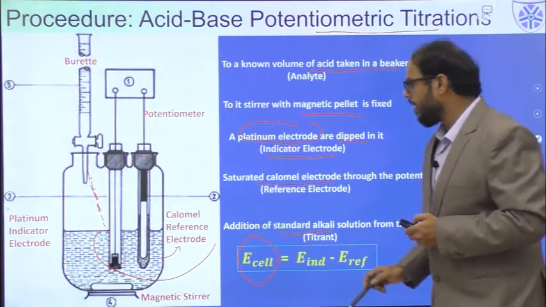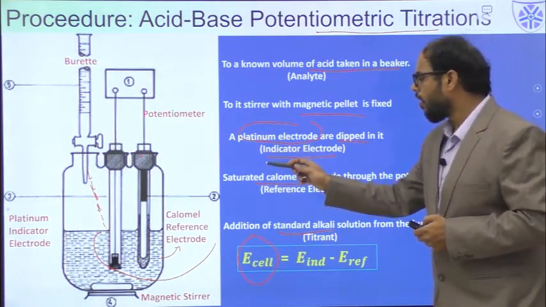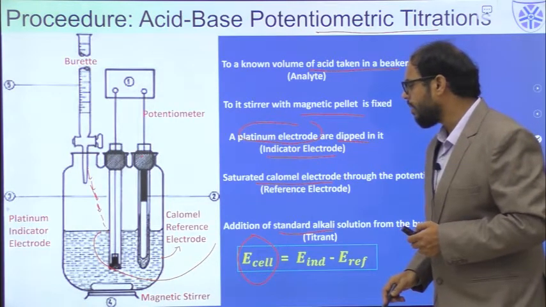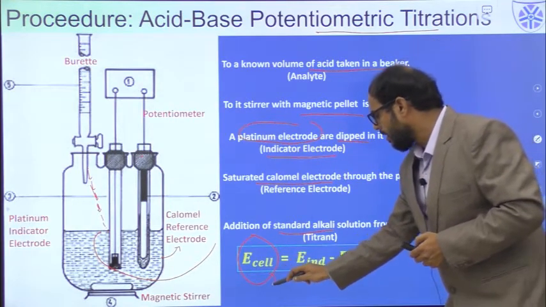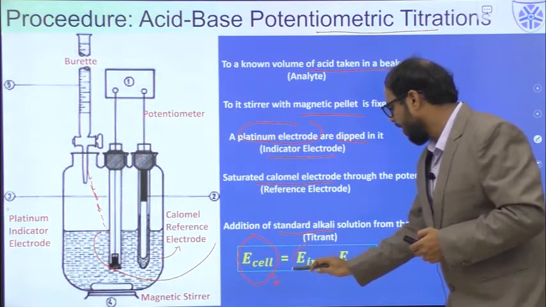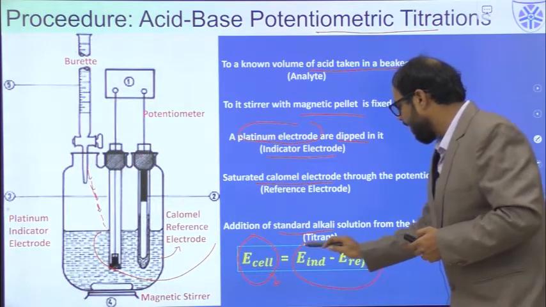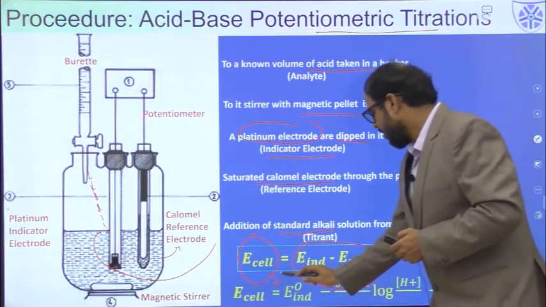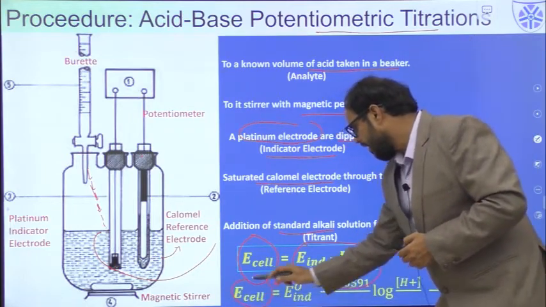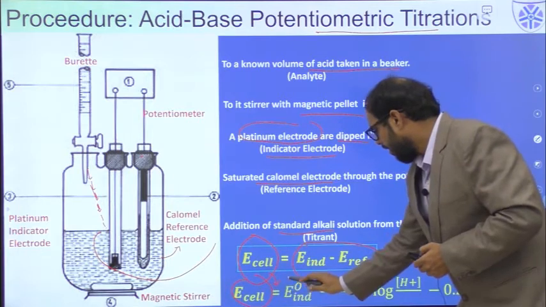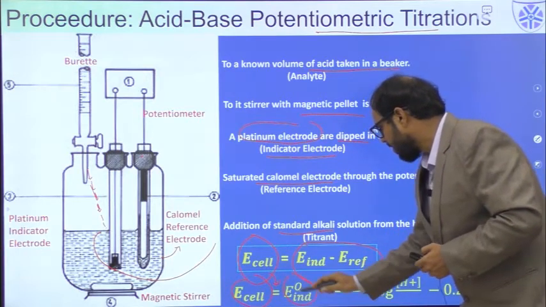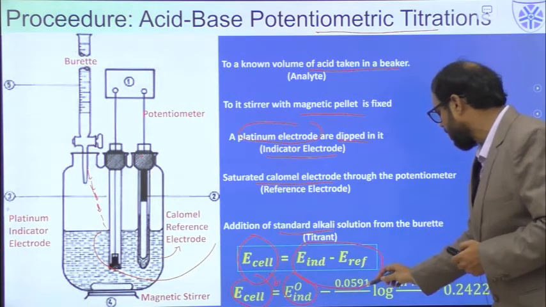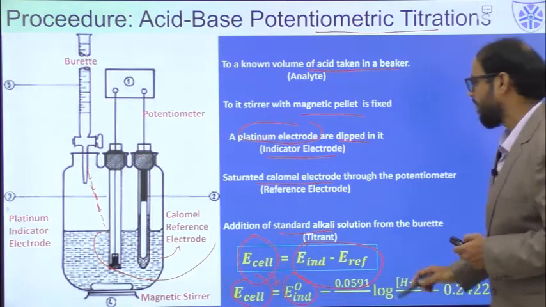When we connect the working electrode in combination with the reference calomel electrode, the resultant electrode potential can be given by the formula E indicator minus E reference. And we know that E cell is nothing but the electrode potential at standard condition minus 0.0591 log H plus.